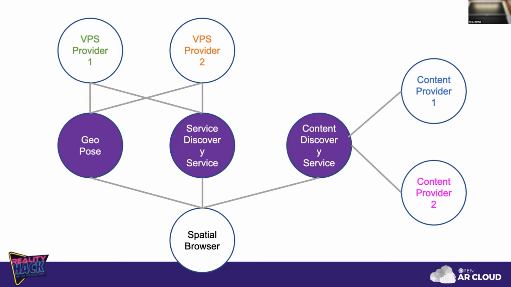And then the same idea with the service discovery is that you would be able to use the VPS service from any provider. So I'll talk about what VPS is in a minute.